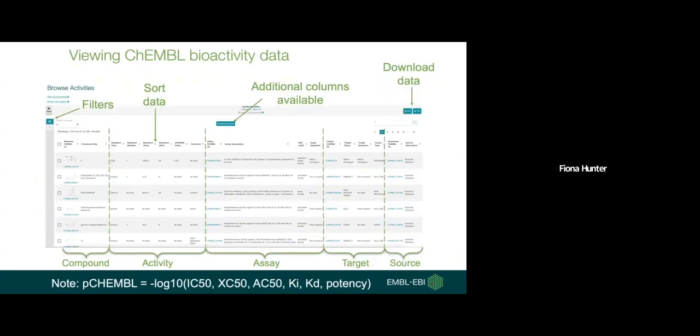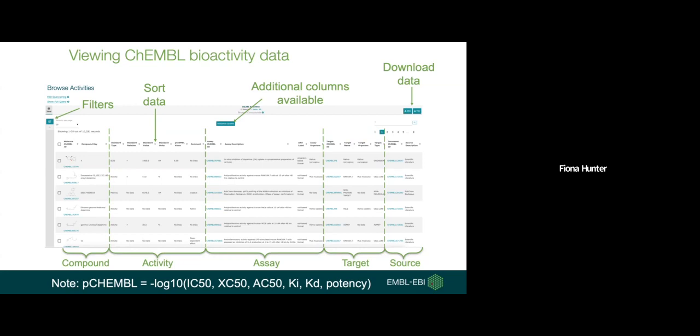So when you view the bioactivity data within ChEMBL, you come back with a screen that looks a little bit like this, a table, if you like. Working from left to right here, the first couple of columns on the left relate to information about the compound. Then the next few columns are to do with the activity, the bioactivity that links that compound to a target.